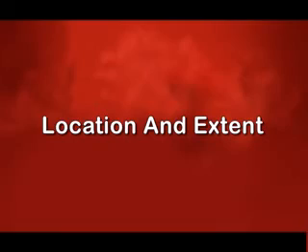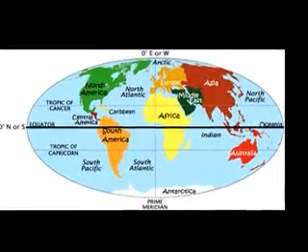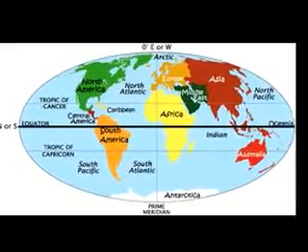Location and extent. India is located in the northern and eastern hemispheres. It extends from 6° north to 37° north latitudes and 68° east to 97° east longitudes.